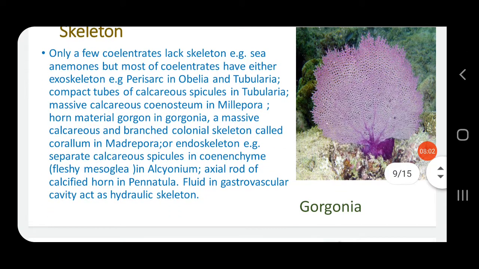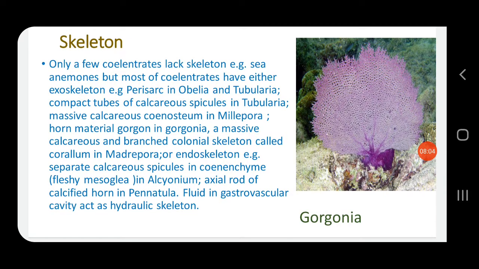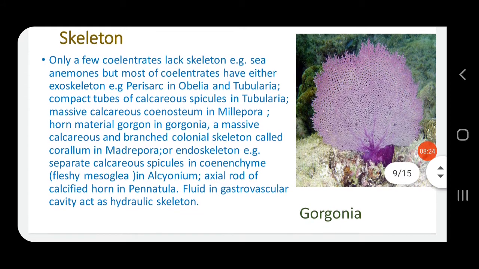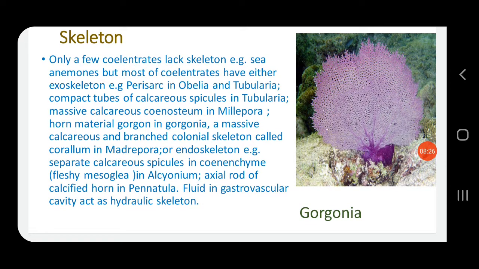Now, if we talk of the skeleton of this group, a few coelenterates lack a skeleton, such as sea anemones, but most of the coelenterates have an exoskeleton. For example, perisarch is present in Obelia and Tubularia.